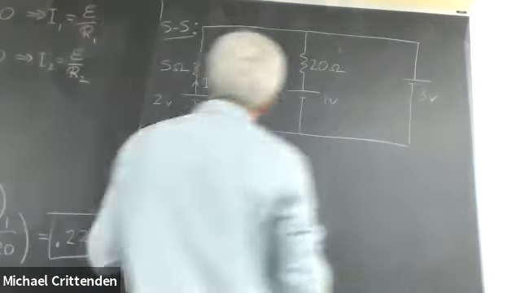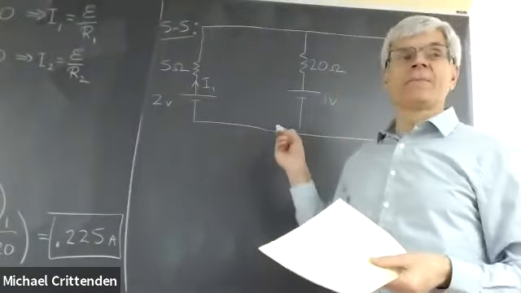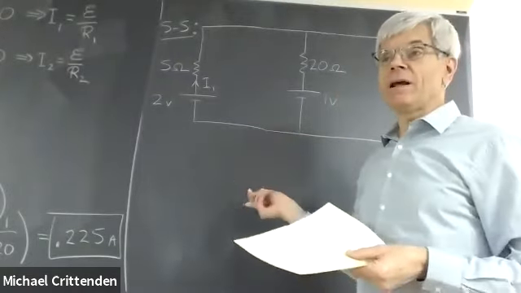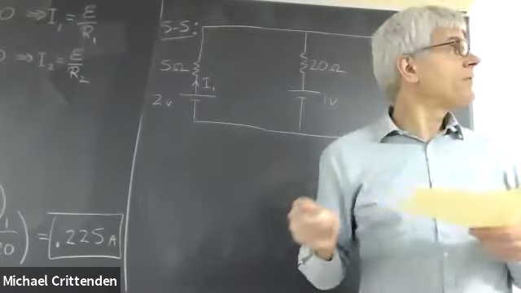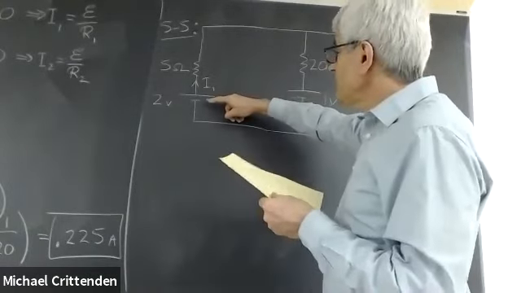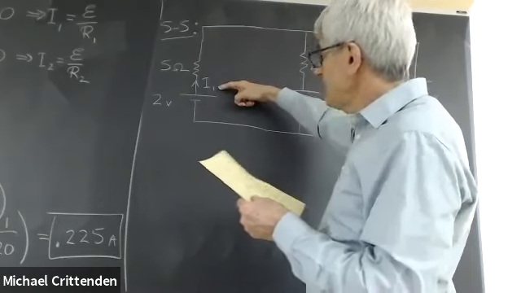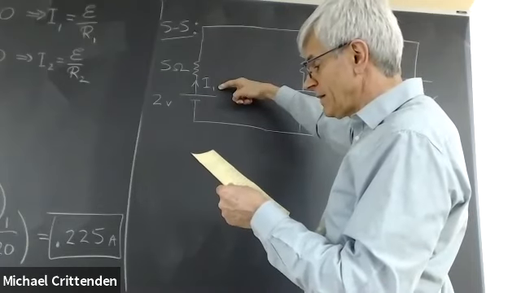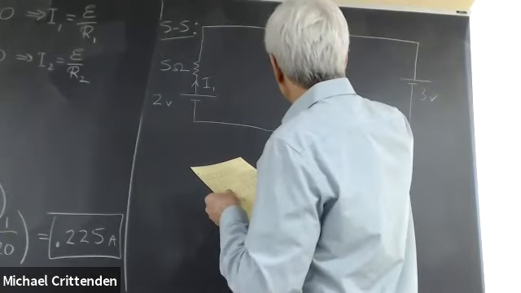But actually, the way I'm going to do this, we will get some negative answers. So just to show you what happens. A perfectly reasonable thing might be for somebody to say, current flows from plus to minus. So I'll have I1 coming out of the plus side of this one. Current flows from plus to minus.